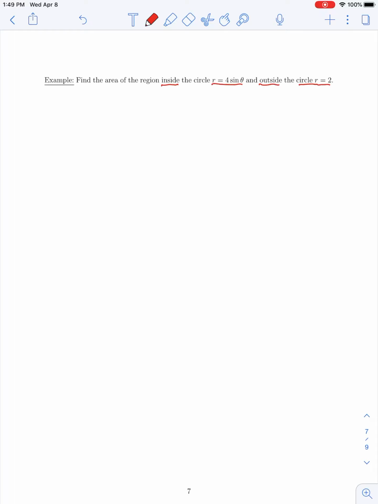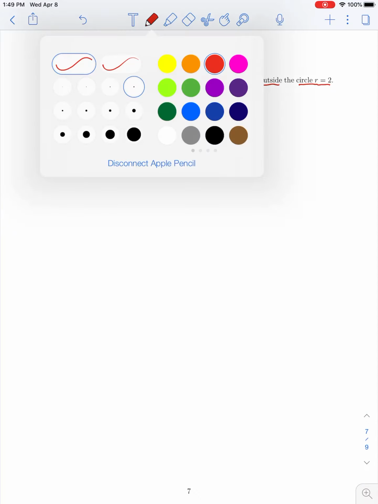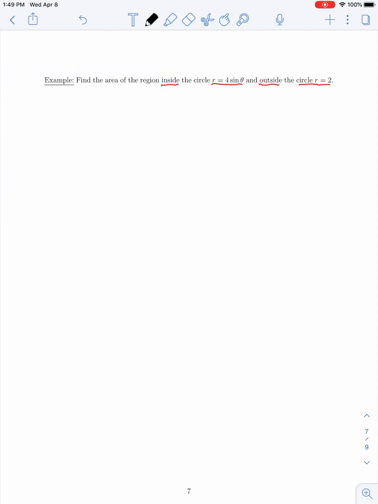So here, in order to sketch our region, or try to visualize the region we're talking about, we need to find where these 2 curves intersect. And this will also allow us to determine what the range of our theta values will be for our integral to find this area. So let's start by setting these 2 curves equal to each other.